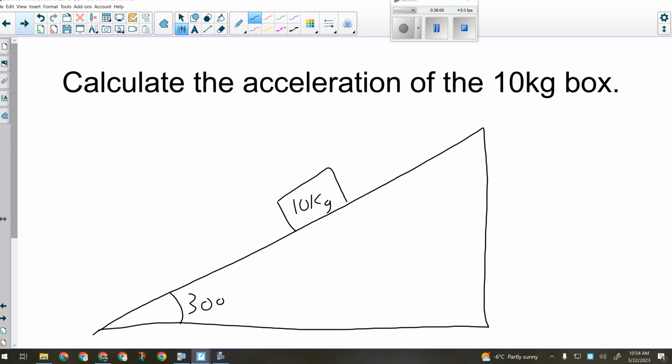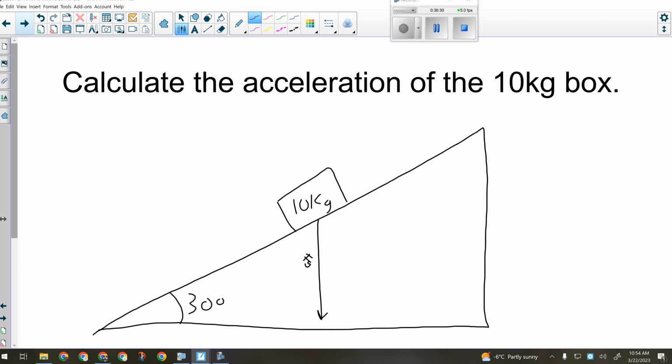And the reason for that is normal force can only push perpendicular to the surface that's causing it. So once I incline the surface, normal force and gravity are no longer equal. They have parts that are acting in opposition to each other. So the two forces that we have on an inclined plane are gravity, which acts straight down.